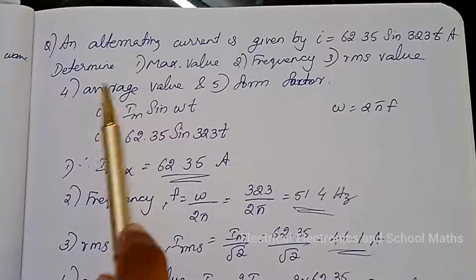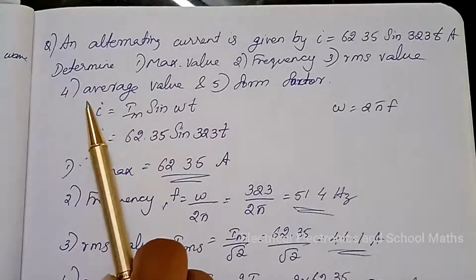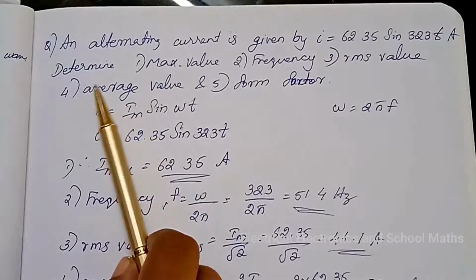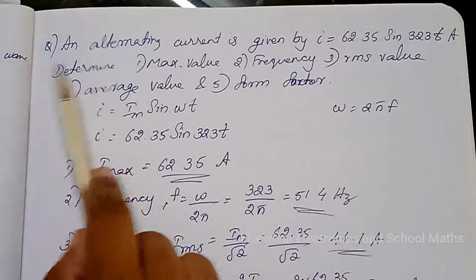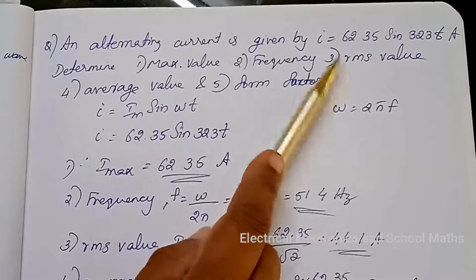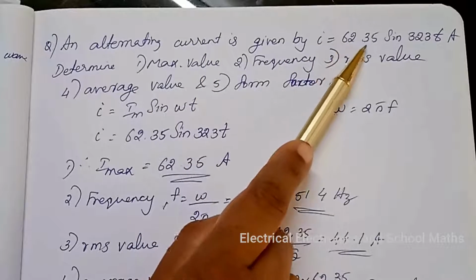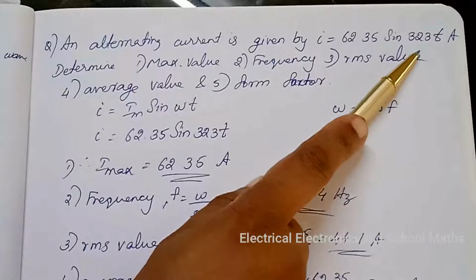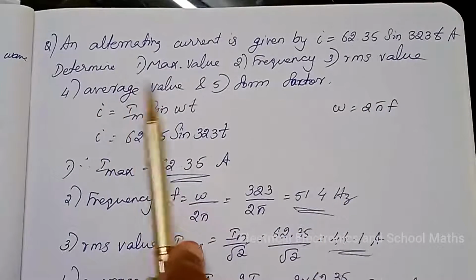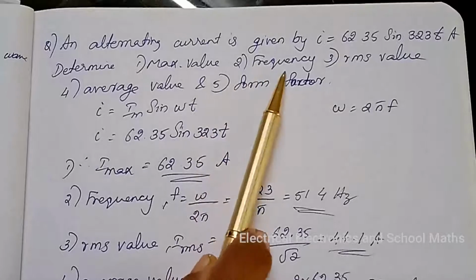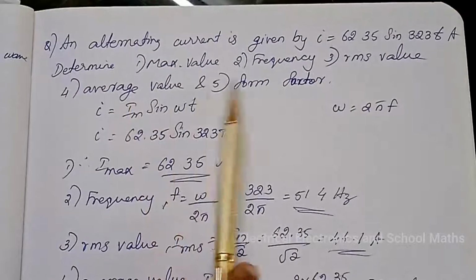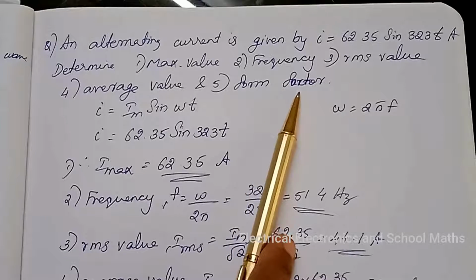Let us do a simple problem relating the form factor, RMS value, average value, and maximum value of an alternating quantity. The question is, an alternating current is given by i equal to 62.35 sin 323 t ampere. Determine maximum value, frequency, RMS value, average value and form factor.